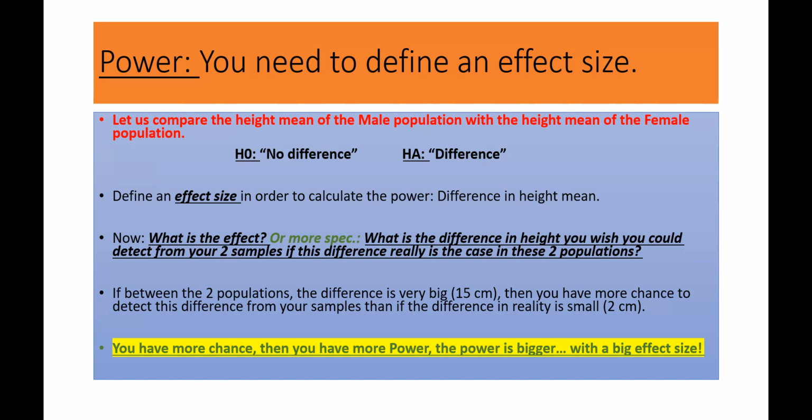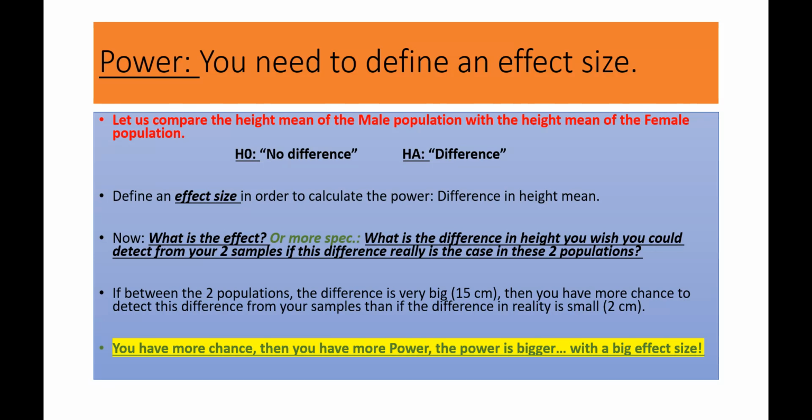So you can see that if the effect size is bigger and bigger, then the power will be big with small samples. You would be satisfied, basically, with your statistical analysis with just 3 men and 3 women, if you want to detect a difference of 30 centimeters, if there is indeed a difference of 30 centimeters.